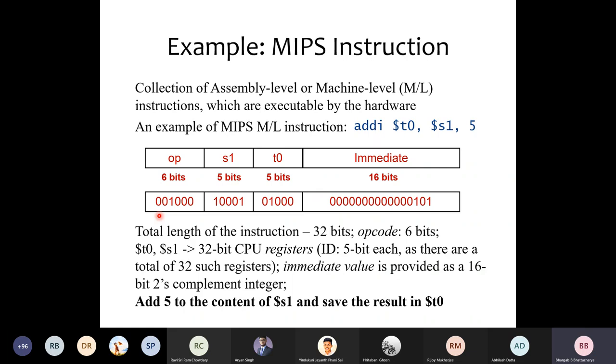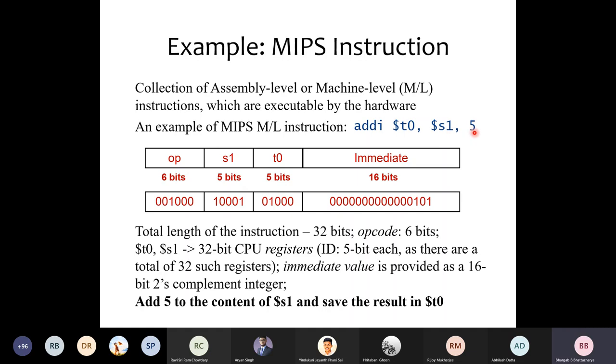Okay, so the opcode is 6-bit. For add immediate, the opcode is this. For T0, these are the codes. Okay, and this is 5. Now, one interesting thing is here, these registers are 32-bit long, right?